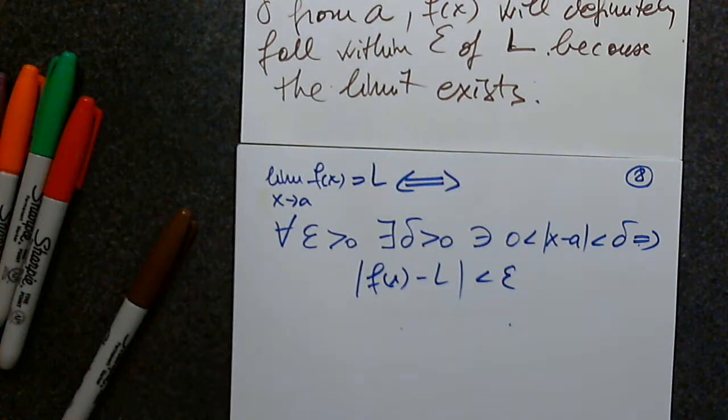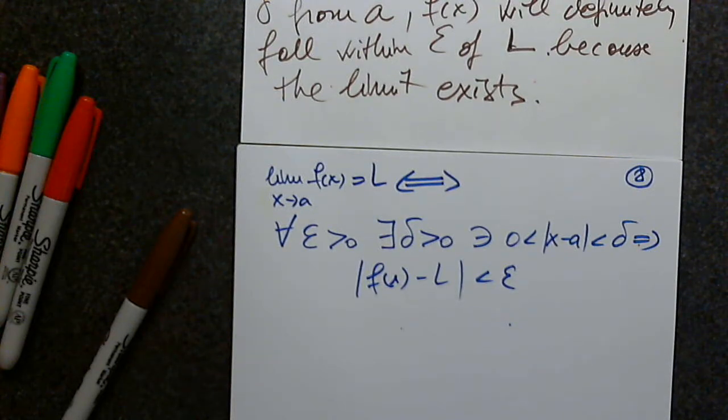This symbol is for any. So please write it down. The upside down uppercase A is for any. For any epsilon greater than 0, the reverse E means there exists.